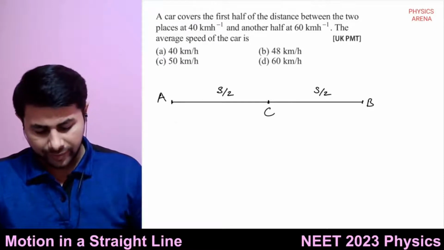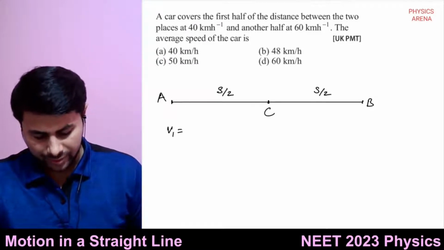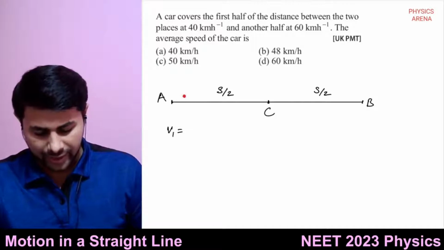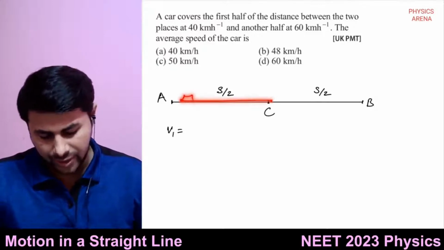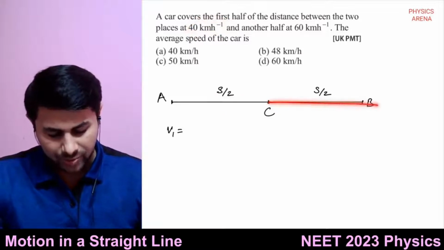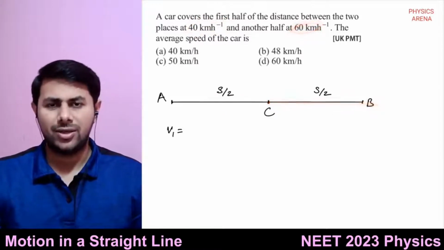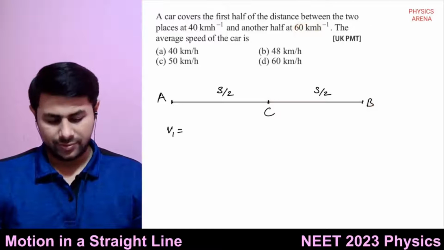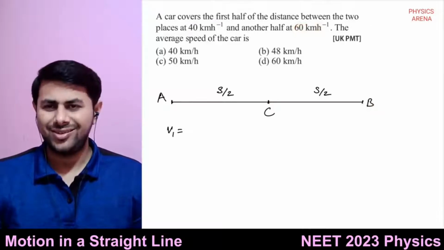It's given that V1, the speed of the car when it moves from A to C, is 40 kilometers per hour, and when it moves from C to B it is 60 kilometers per hour. What would be the average speed? Will it be 50?